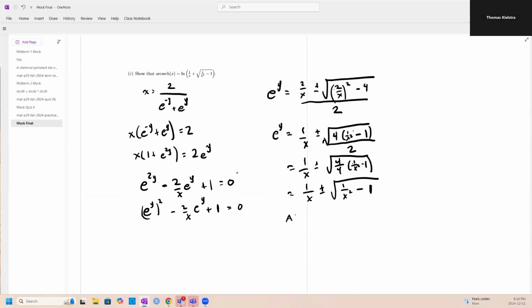As we have a range of 0 to infinity, we must take the positive root.